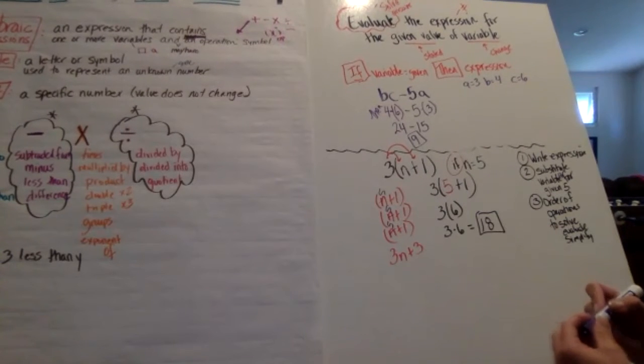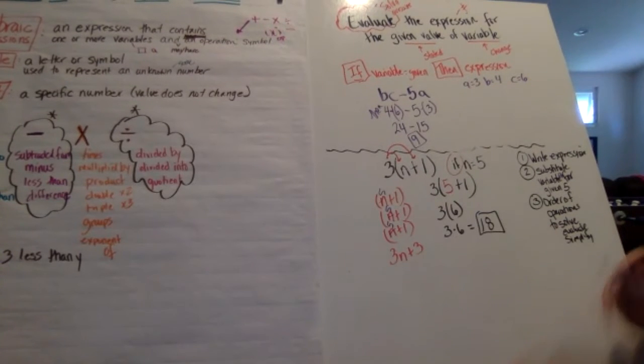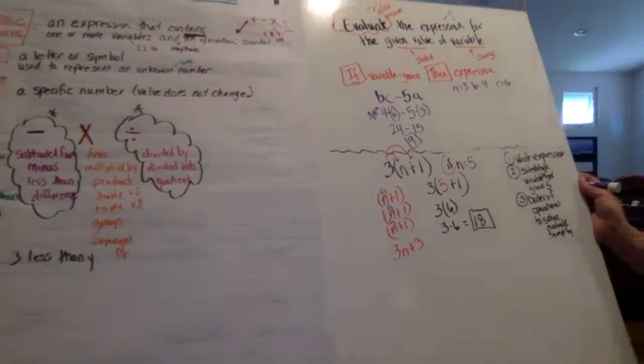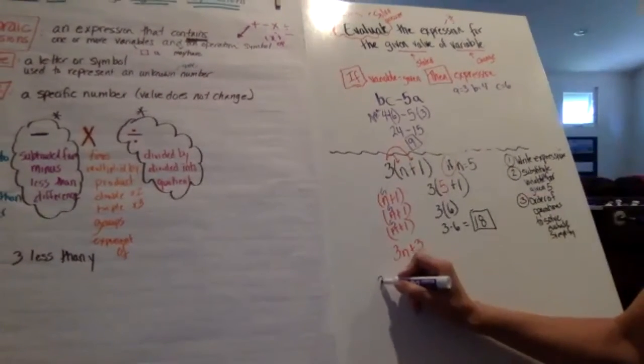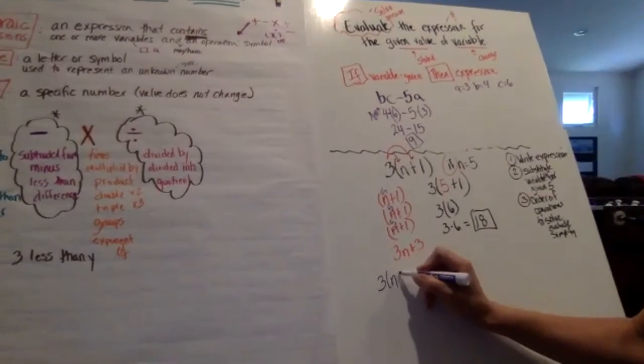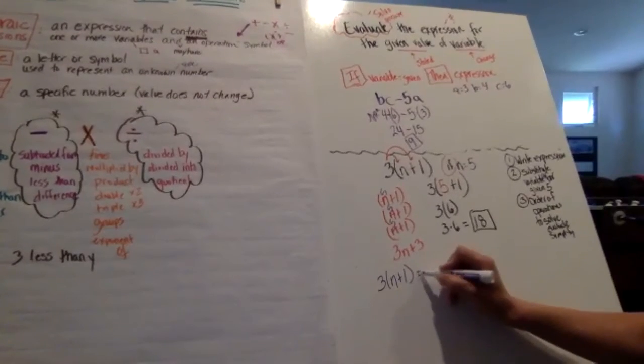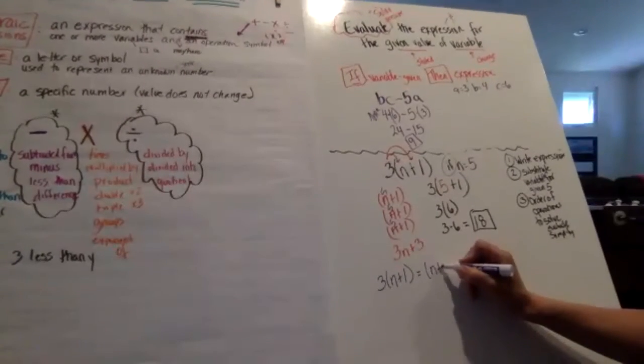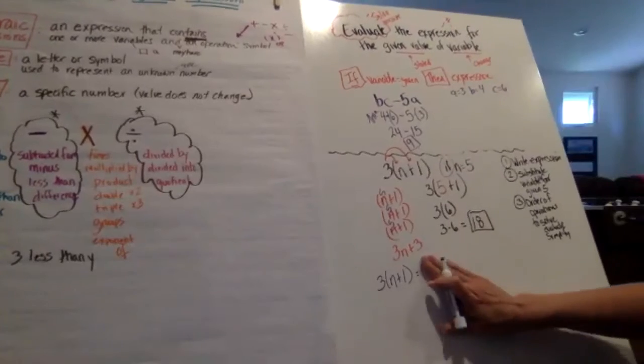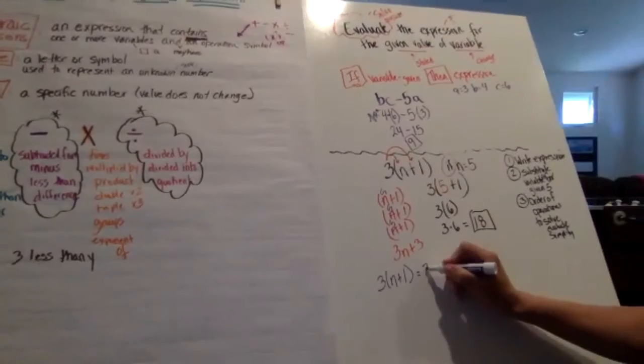Can you write all 3 of those along the bottom? Could you write the 3 parentheses n plus 1, and then put that that is equal to 3n plus 3? Yes, 3n plus 3, what you have there.